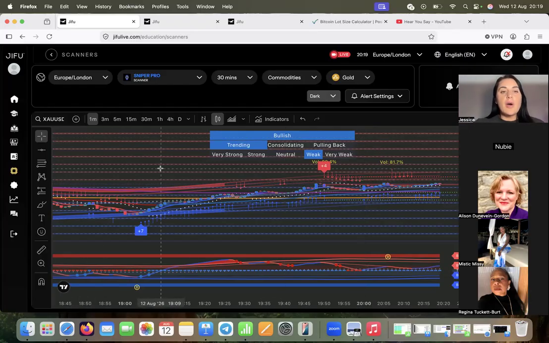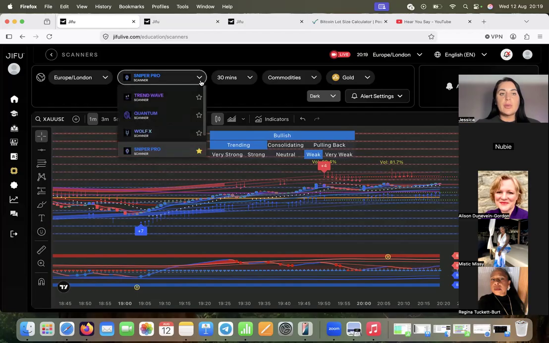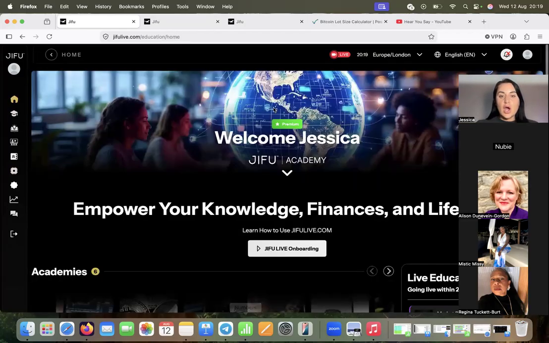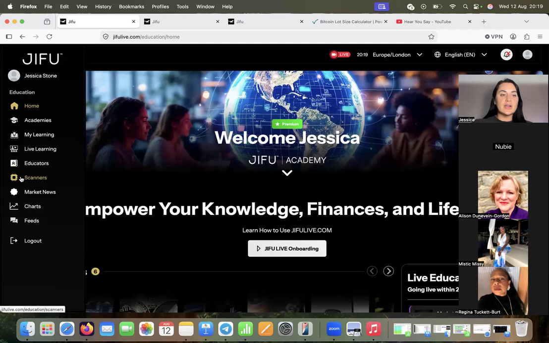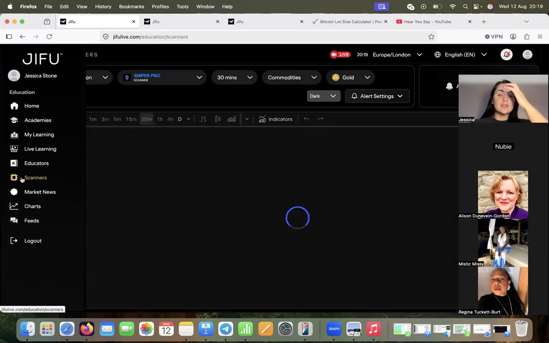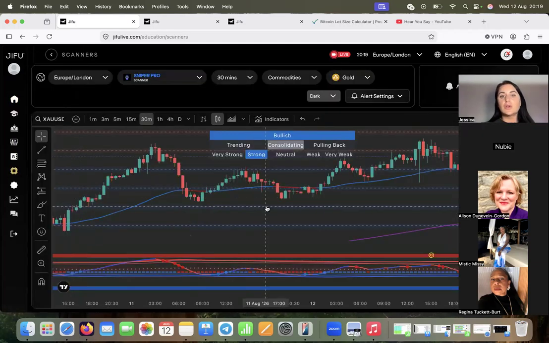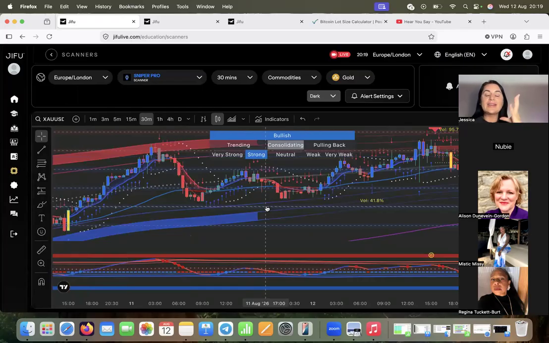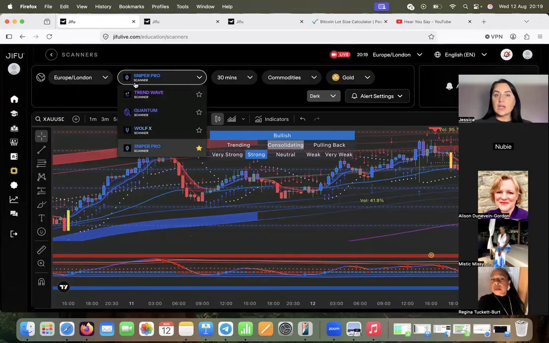So, I actually set Sniper Pro as a default onto my scanner. When you come onto the home page here, we can come over and select scanners. Obviously you can use charts. For most of you, I know you use charts, but for me, when I'm explaining Sniper Pro, it's a lot clearer to do it on the scanners for you guys, okay? You can come onto the scanner that you want. As you know, we have 6 scanners.